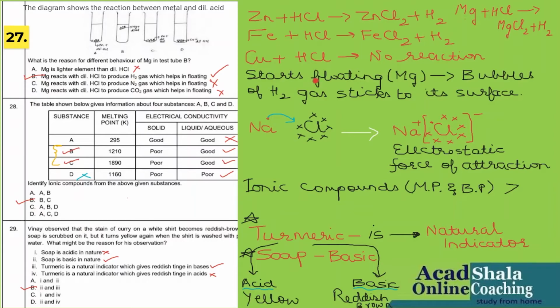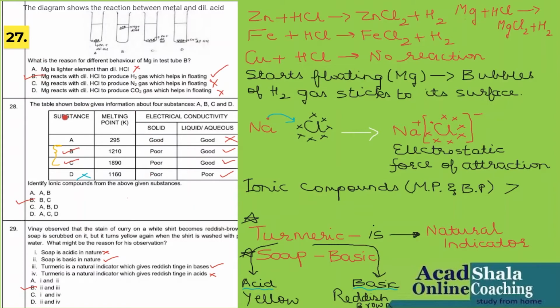With my prior knowledge, I know that magnesium starts floating because bubbles of hydrogen gas stick to its surface. That is why in the second test tube it starts floating. So the correct option is B among the 4.